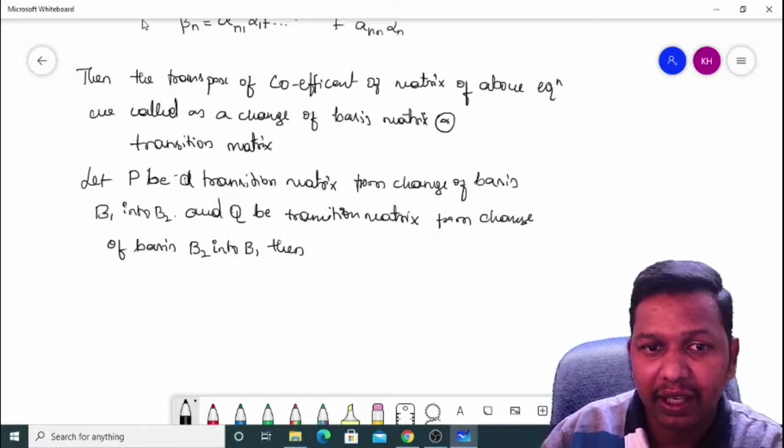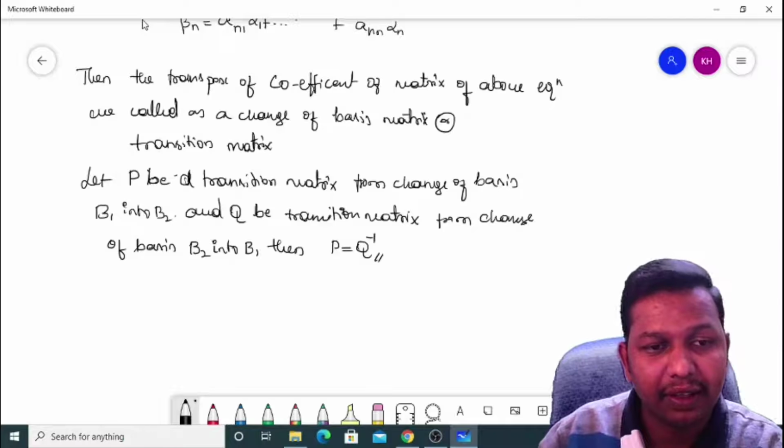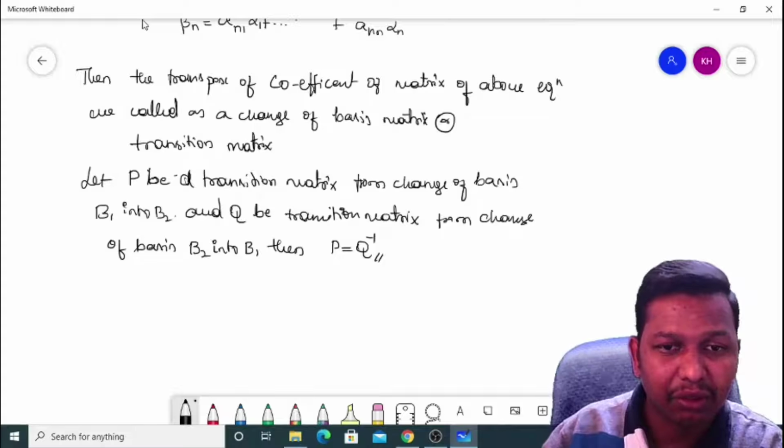Then we have the relation between those two matrices as P equals Q inverse.